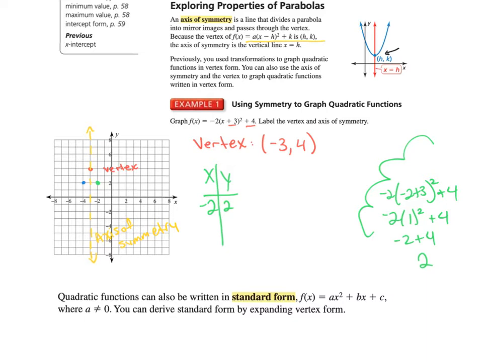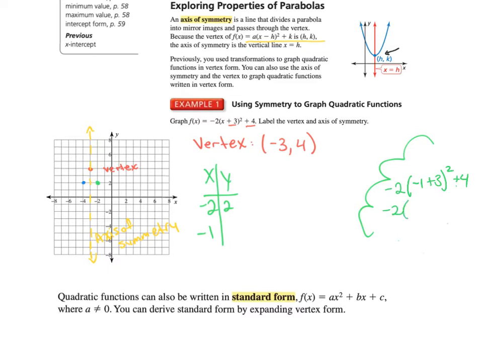Let's find another point. So let's plug in -1. So let's do some more calculations. -2 times -1 plus 3 squared plus 4.